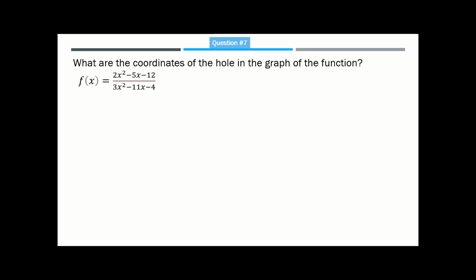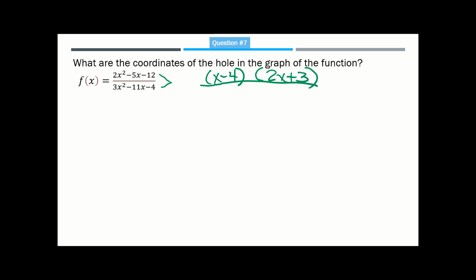Okay, question number 7. What are the coordinates of the hole in the graph of the function? So we have a numerator and a denominator that we can factor. So use your algebra skills to factor this out into x minus 4. The numerator is x minus 4 times 2x plus 3.